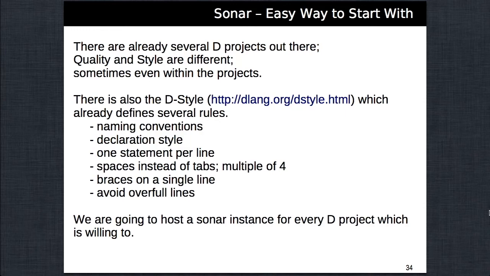You also have a D style on the homepage, which defines some naming conventions, how you should declare some things: that you shouldn't use the C++ declaration styles, that you should use D declaration styles, that you should have one statement per line, that you should use spaces instead of tabs, that you should use braces on the single lines, and, quite difficult to check, that you should avoid overfull lines, not too many lines over 80 columns.